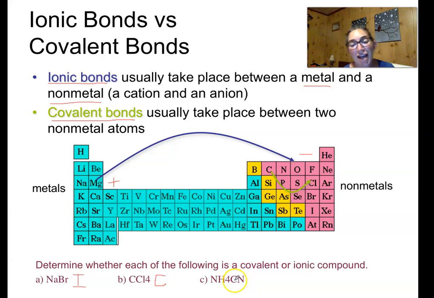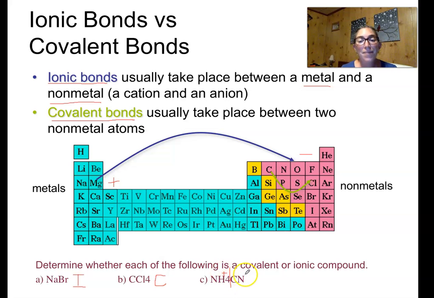And then this one is kind of a trick one. I wouldn't ask you this on a test. But it's the one case where we have all nonmetals. We've got nitrogen, hydrogen, carbon, and nitrogen again, all of which are nonmetals. And so you would think it's covalent, but in fact it's made up of 2 ions.